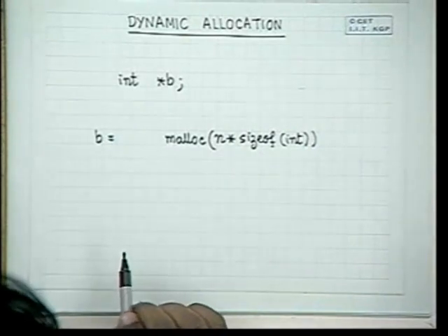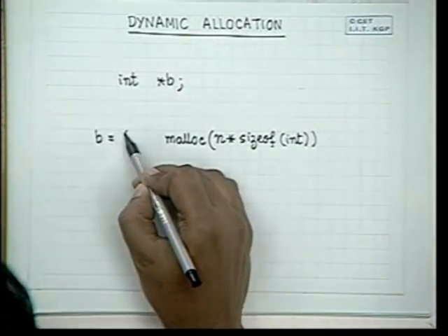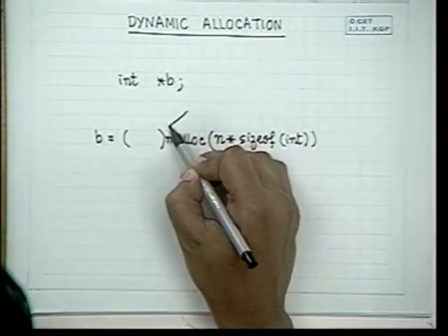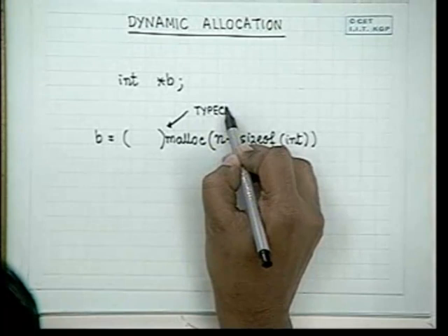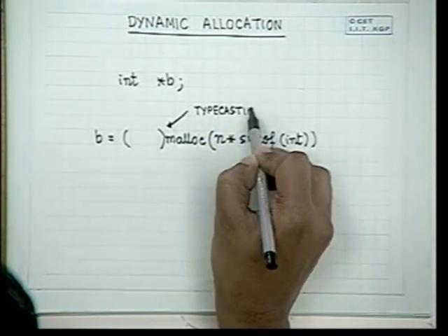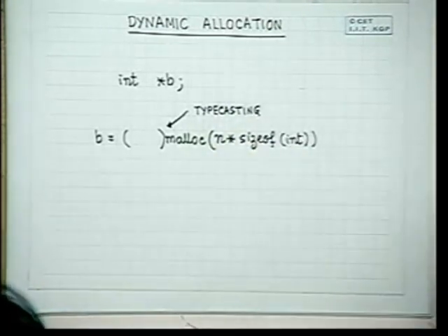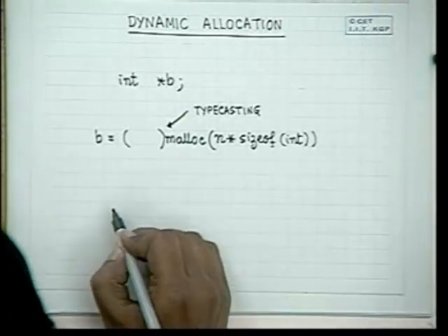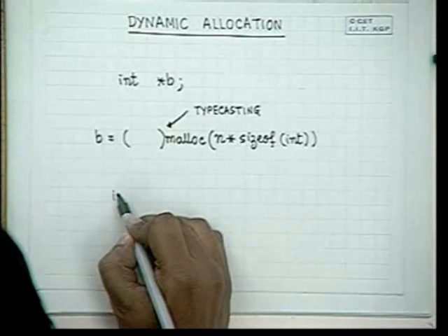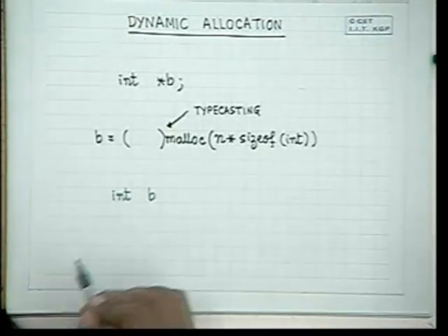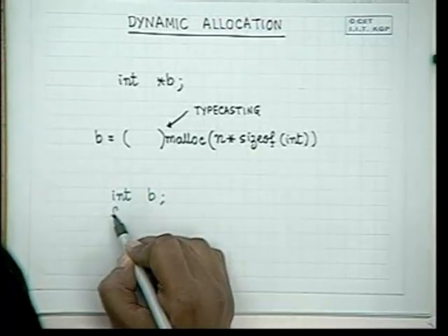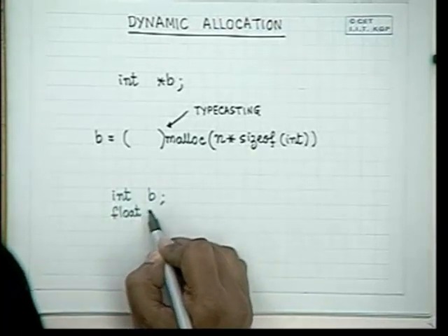But before assigning it to b, we have to do what is called typecasting. Now what is typecasting? In C language, suppose I have defined an integer b and a floating point number x.